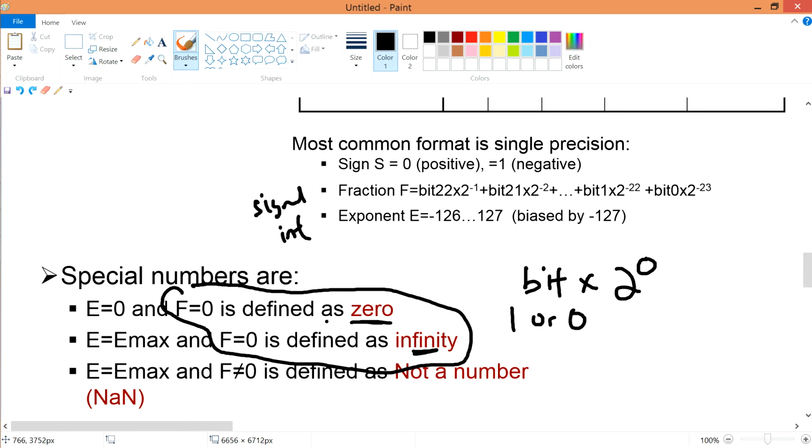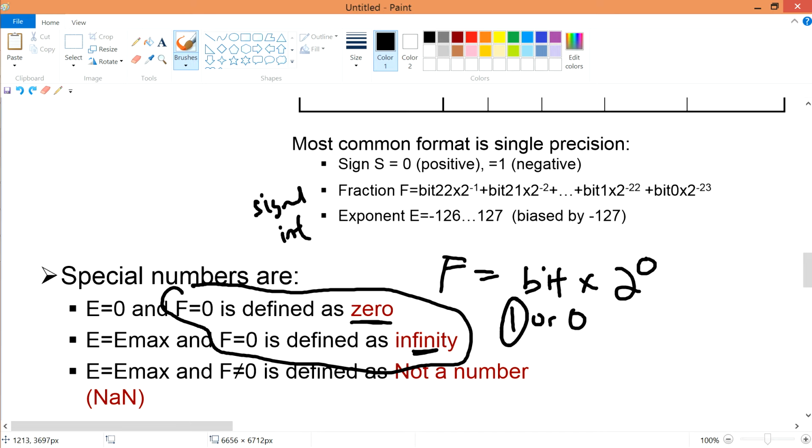Because f is equal to 0, over here it's 2 to the power of 0. Your f is equal to your bit times 2 to the power of 0. So your bit is 1 or 0, correct? So this thing is 0, but it has two possible values: either 1 or 0.